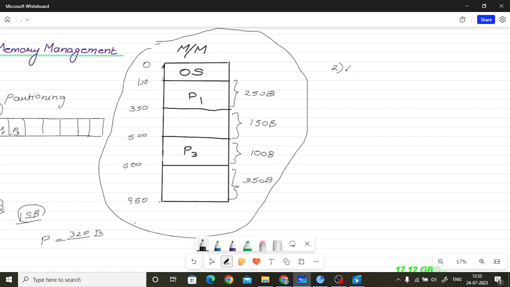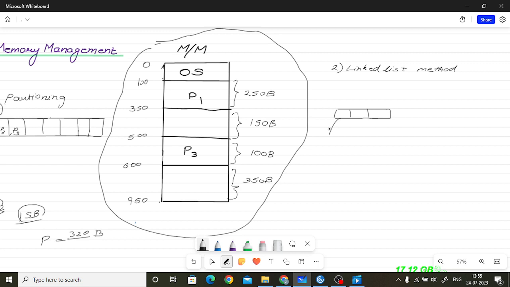In a linked list method, we will not have an array. In place of the array, we will have a linked list for each process in the memory and for each hole in the memory.